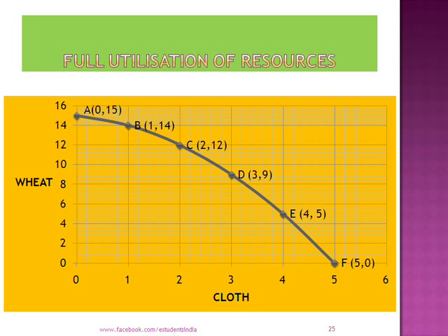The production possibility curve is also called the transformation curve because in moving from one point to another on it, one good is transformed to another, not physically, but by transferring resources from one use to another.